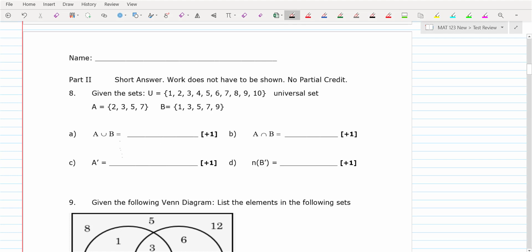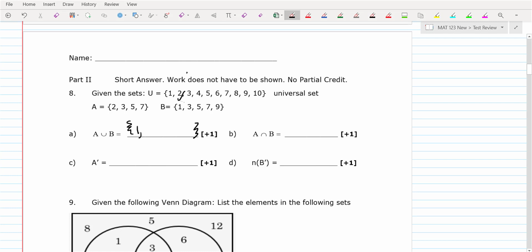So A union B. Remember what you're doing on A union B? When I ask you to do a union of two sets, what do you do? Combine them, but what is the one thing you don't do? Repeat anything, right? I don't care what order you write this in, you just write everything down.